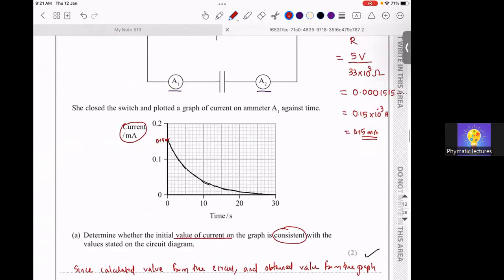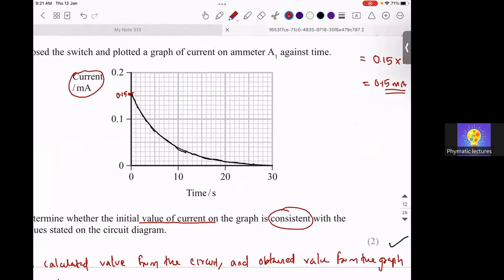Then tell me two values from the graph. So for example, this is the graph, correct? This is the exponential graph, and straight away you can take this value.